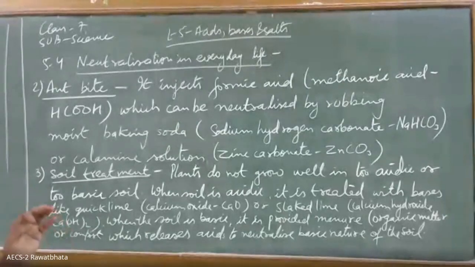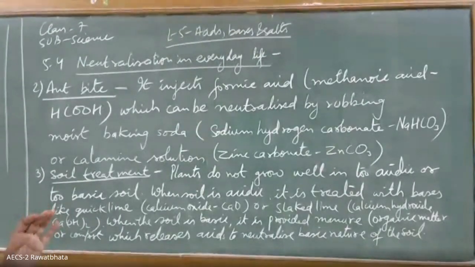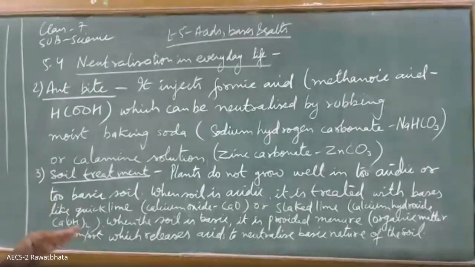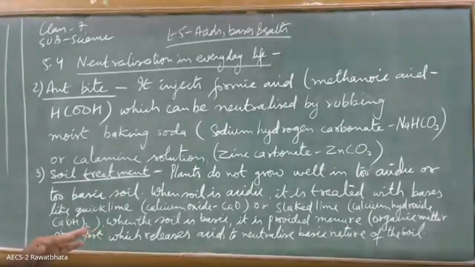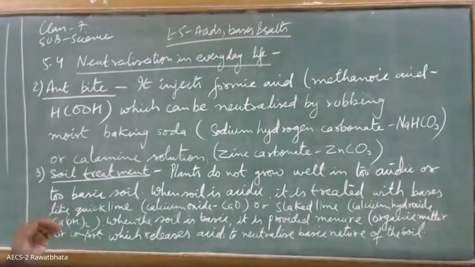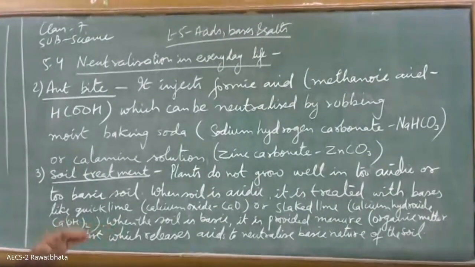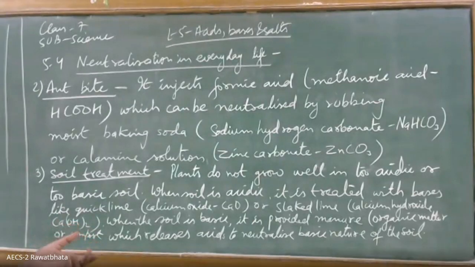Once it lies near the ground, near the roots of the plants, it keeps slowly releasing acids continuously. And those acids basically neutralize the salty nature of the soil, you can say it gets removed.